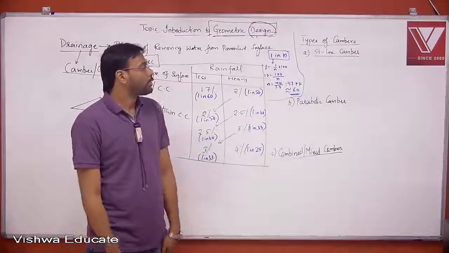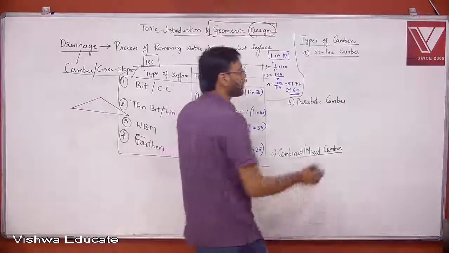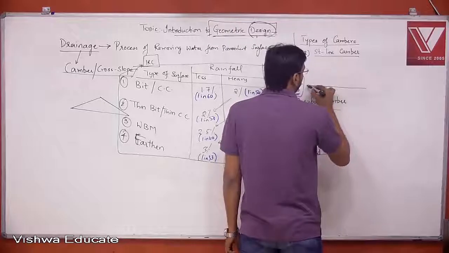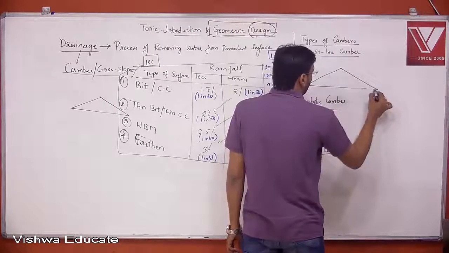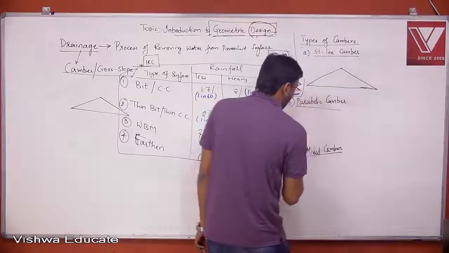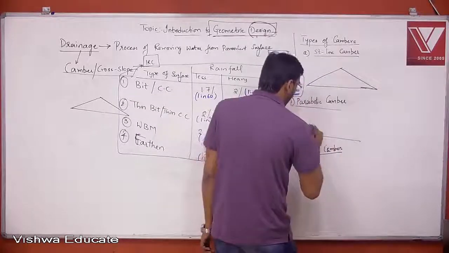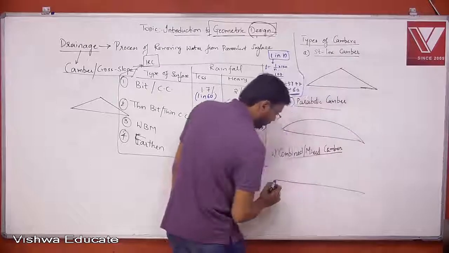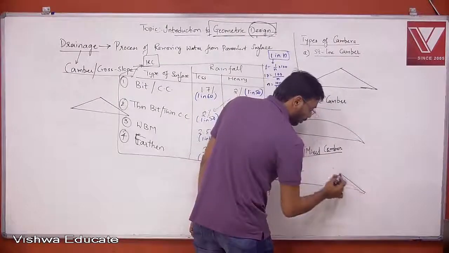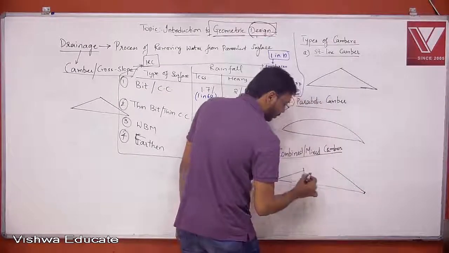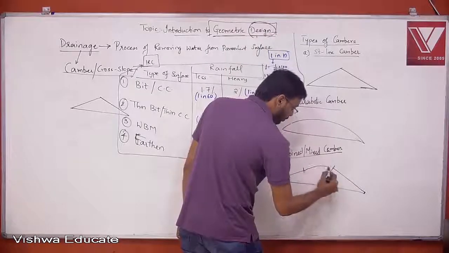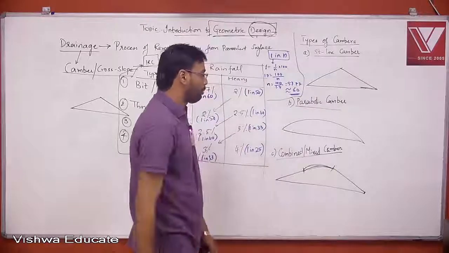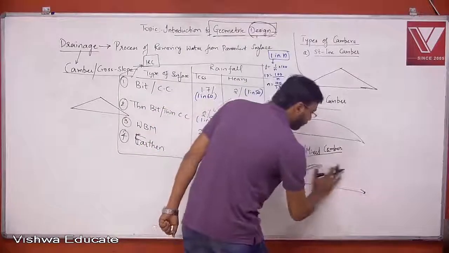So based on the shape, I'm going to write it now. So this is a straight line camber. This is a parabolic camber, and this is a combined or mixed camber.